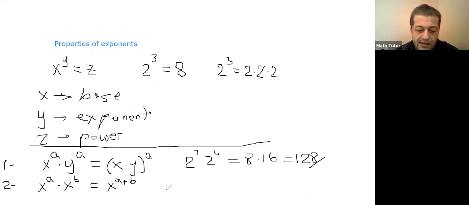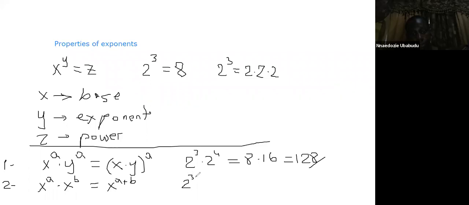Let's see whether this result 128 is obtained by using the property. The x here is substituted by 2, the base. We have two exponents, a and b. A is 3 and b is 4, so I'm writing 3 plus 4.